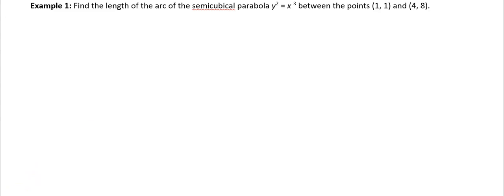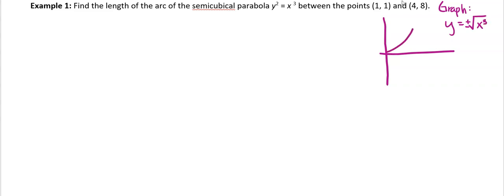So to start, I kind of want to see what this would generally look like. If I were to draw a quick sketch of what I'm working with here, we would actually be graphing the function y equals plus or minus the square root of x cubed. So you'd want to do a positive and a negative version. Here's our positive, here's our negative.